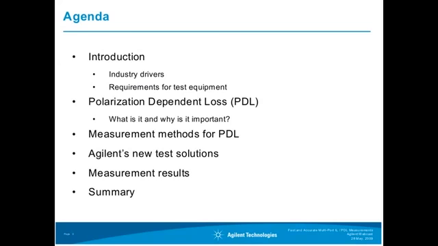They are moving and changing as well. This leads us to the topic of polarization dependent loss, PDL, and we will discuss the importance of that as well as measurement methods and Agilent's test solution for that topic. We will look at the measurement results for specific components, and at the end I will provide a summary.